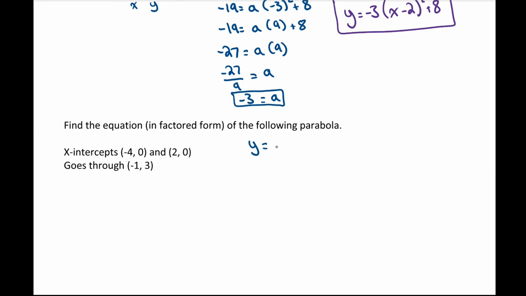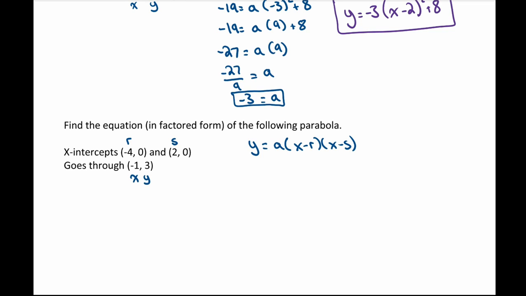Factored form is y equals a(x minus r)(x minus s). In this case, we're given a different formula or equation, and we're given some different information. We're given the two x-intercepts, which should be our r and our s value if you go back up and look at that first page. And the point still gives us an x and y.